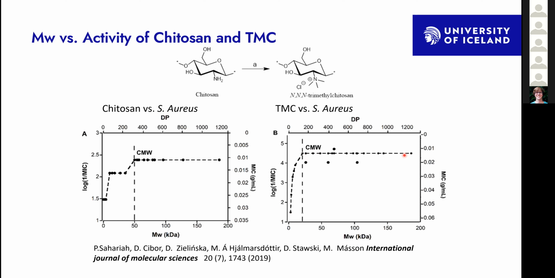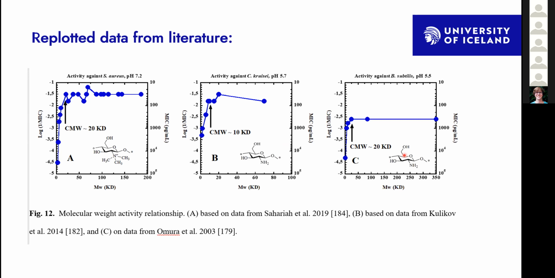Now, in the past, there have been many studies of the relationship between molecular weight and activity of chitosan. We were wondering why people are reporting very different results from these studies.